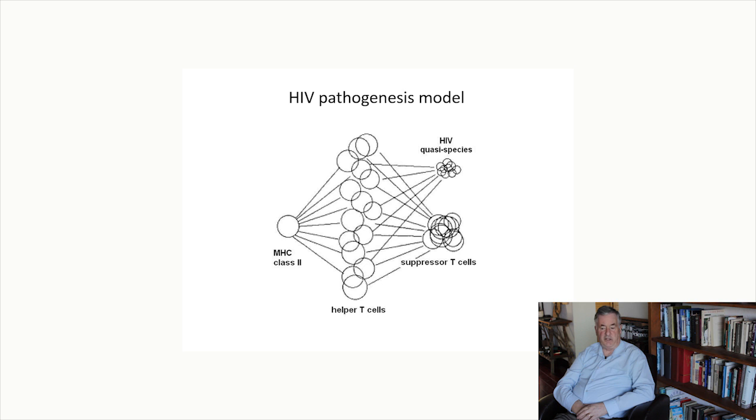That means that both HIV and the suppressor T cells are subject to the same co-selection criteria, namely interacting with as many helper T cells as possible. This means that with time, HIV resembles the TS2 population more and more. So HIV is then right at the heart of the entire system.